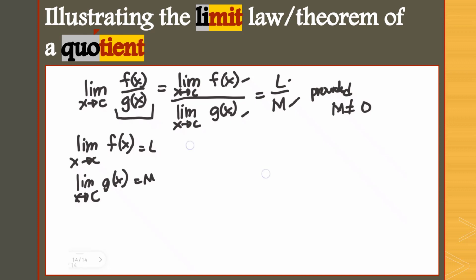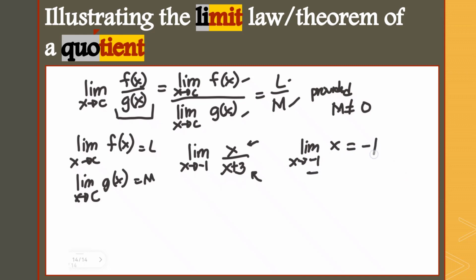Let's say, for example, the limit of x over x plus 3 as x approaches -1. This is our f of x, this is our g of x. The limit of x as x approaches -1 is a limit of the identity function, so the result is this c here, -1.